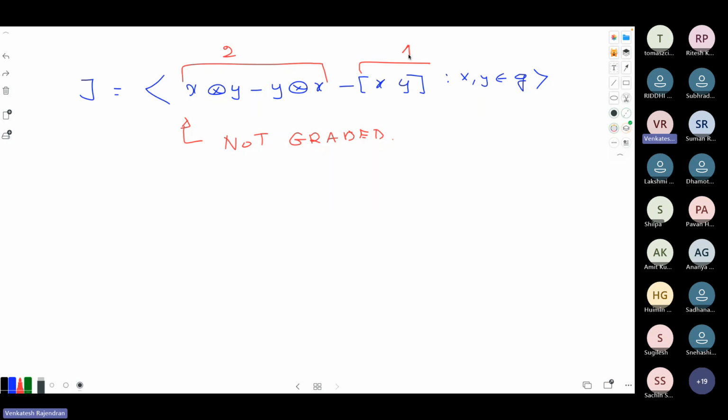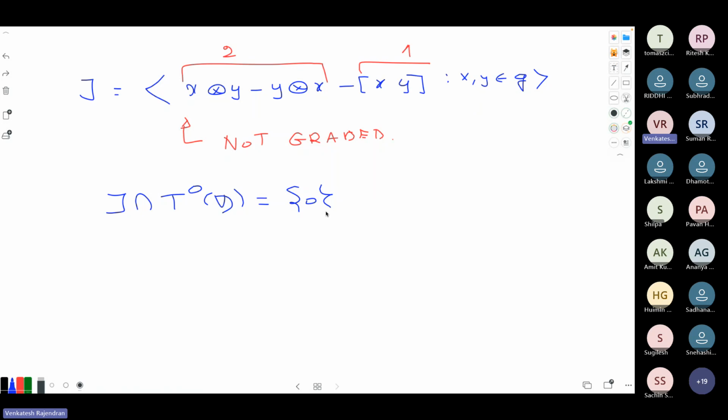But it's not difficult to see that J intersection T0 of G is indeed trivial, because everything is generated from a combination of degree 2 and degree 1. So if you take anything generated from this, you will never reach degree 0.